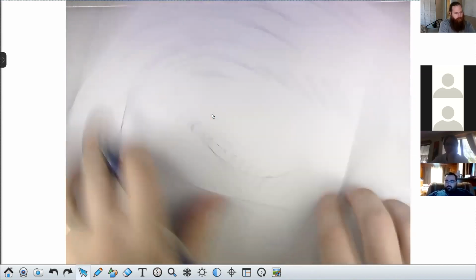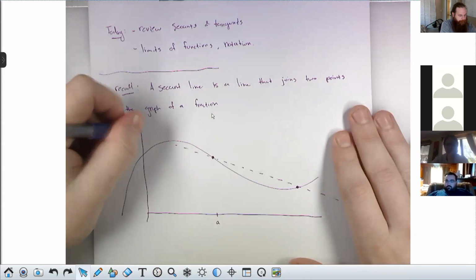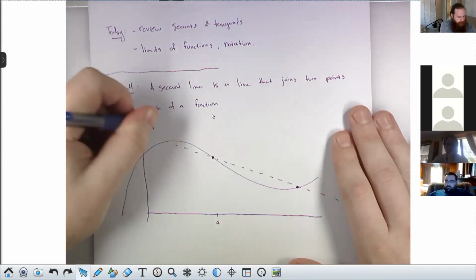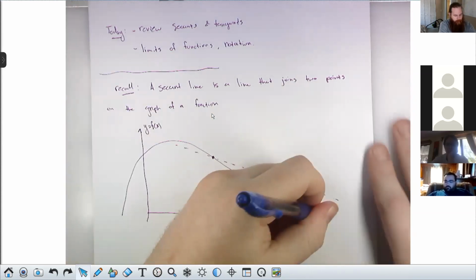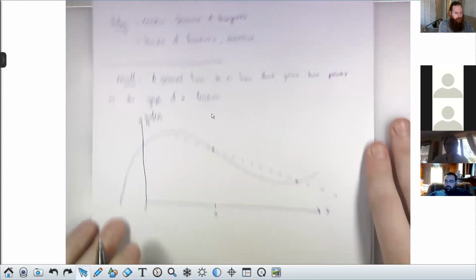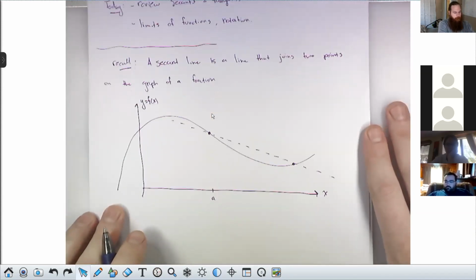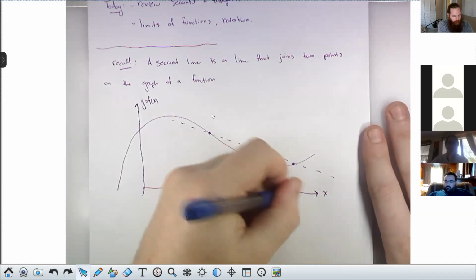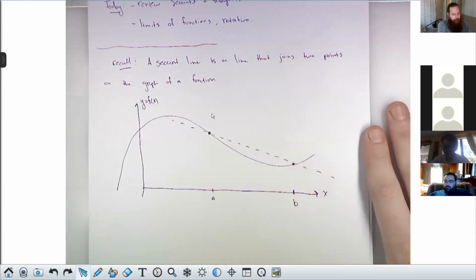So this line, this dotted line that I've just drawn in, would be the secant line to this function from A to B.